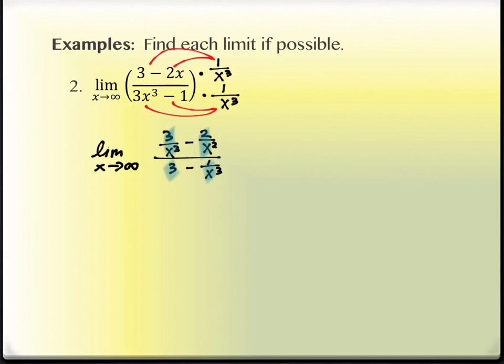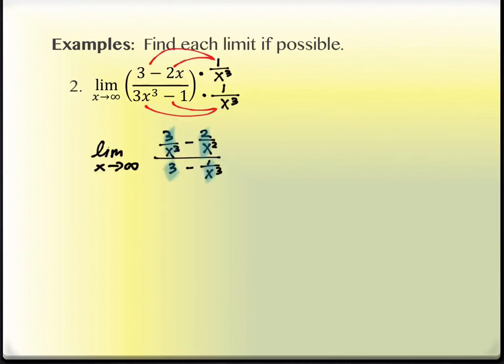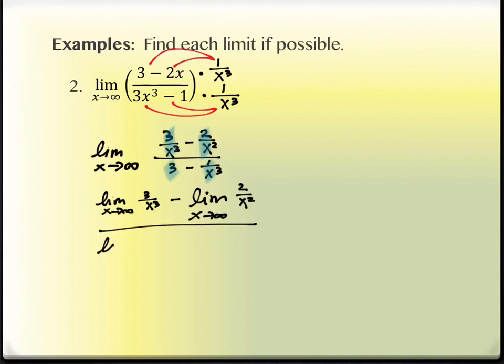So we're going to do the same thing that we did when we got them separated out, right? When I separated the piece out so that it says 5 minus 3 over x plus 10 over x squared, I actually separated the limits out. So I'm going to have the limit as x goes to infinity of 3 over x cubed minus the limit as x goes to infinity of 2 over x squared, divided by the limit as x goes to infinity of 3 minus the limit as x goes to infinity of 1 over x cubed.